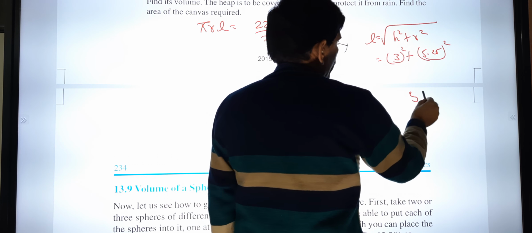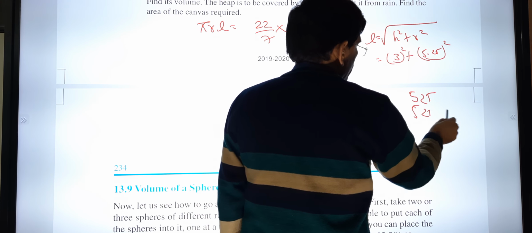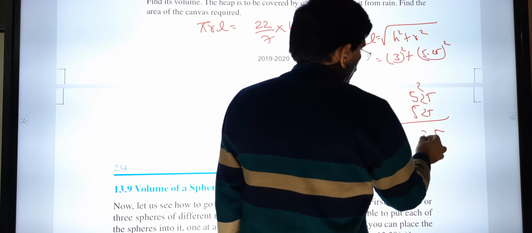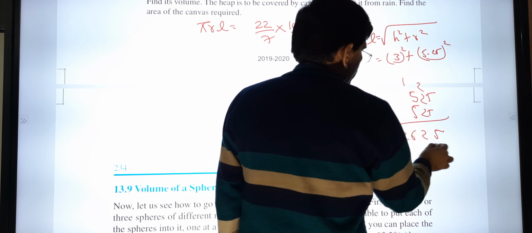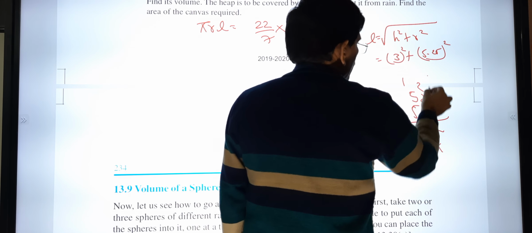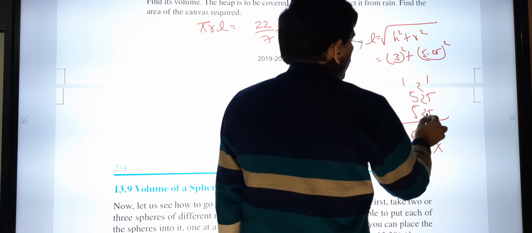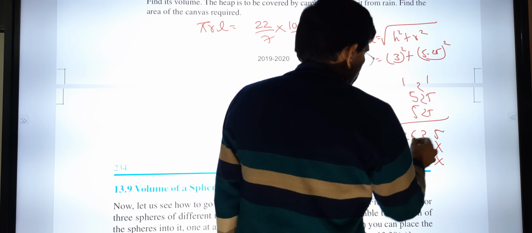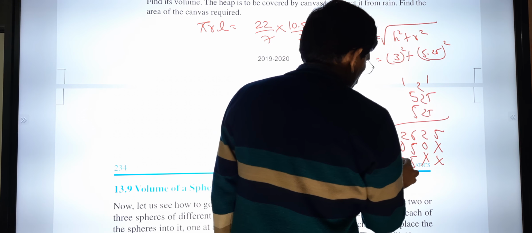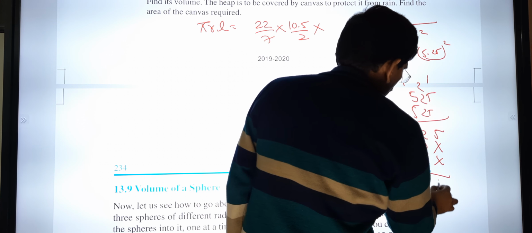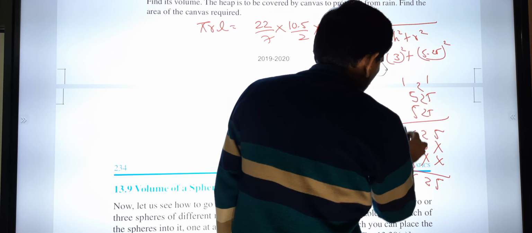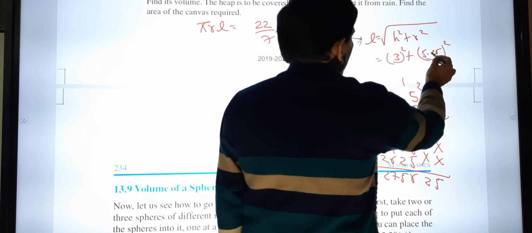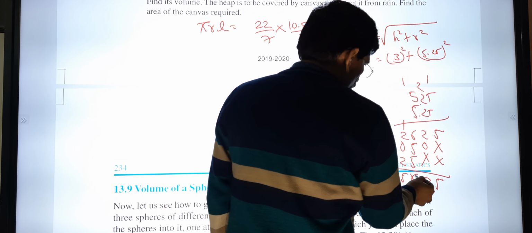So 525 I have to write 2 times, and then by shortcut: 5 2s are 10, 2 5s are 10, 2 2s are 4, 5 5s are 25, and so on. Afterward, how many decimal points? 4 points: 1, 2, 3, and 4.